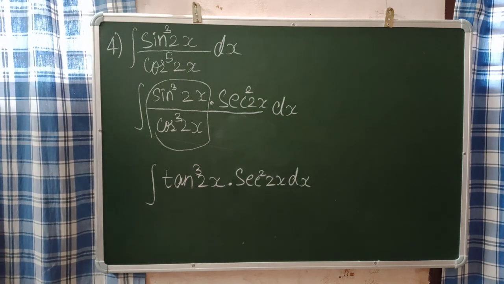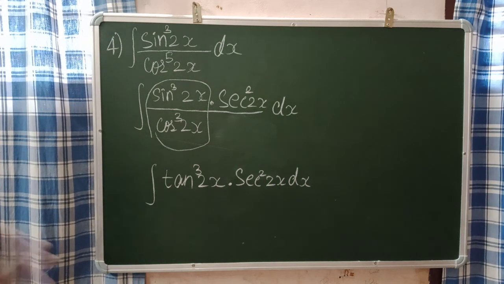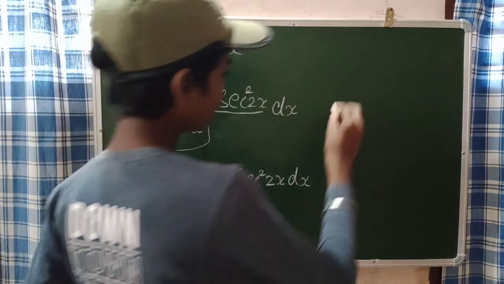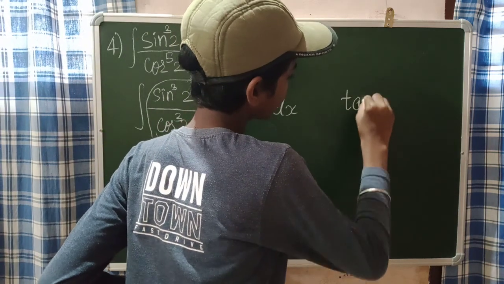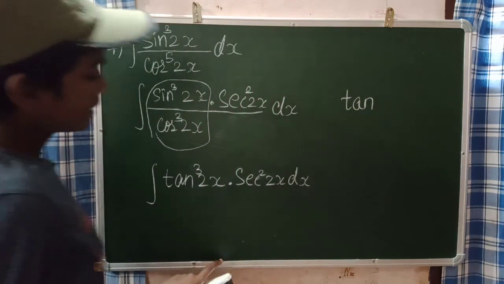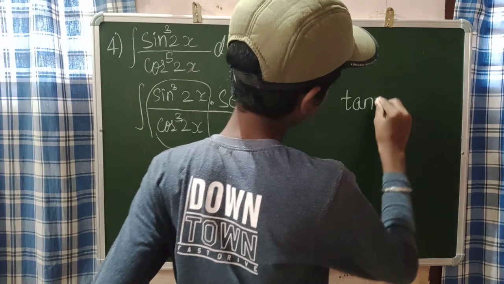Now I am going to do the substitution, which you guys are more familiar with. I'm going to take tan 2x as t.